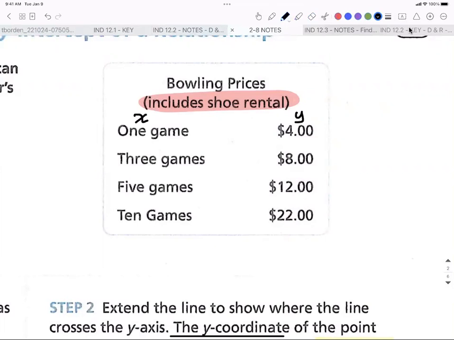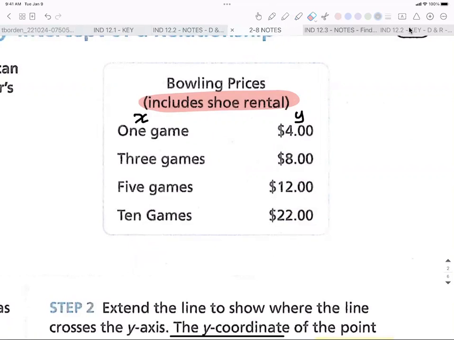I will tell you, just as a loose rule, your money's pretty much always going to be your Y. When you're doing speed, your distance is always going to be your Y. So you just have to look at the problem, look at what each column is representing. This column is representing number of games. This column is representing money spent. So the number of games is going to be that unit that you can get down to a 1. Okay. So I really don't have a better way to tell you. I wish I did, but I don't.